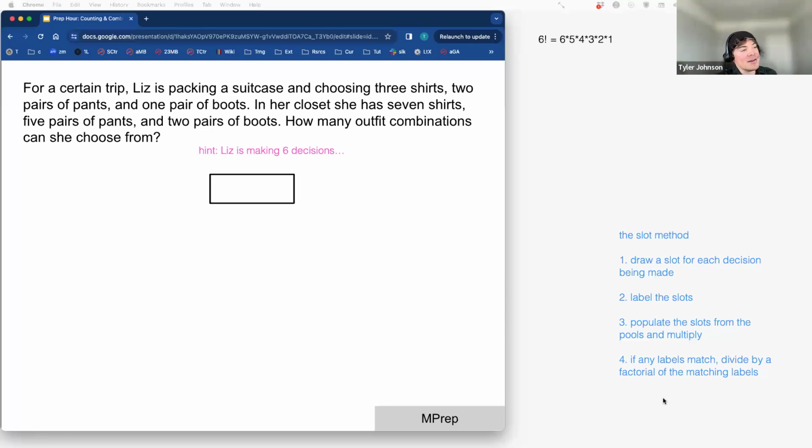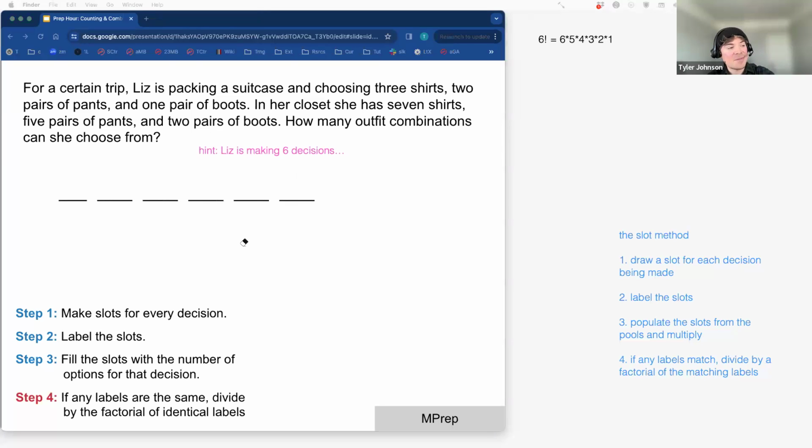So as I mentioned in the hint there, Liz is making 6 decisions. Specifically, she'll be selecting 3 shirts, 2 pants, and 1 pair of boots. But you have to keep in mind that each one of those decisions has a separate pool, because the shirts are coming from a pool of 7, and the pants are coming from a pool of 5, and the boots are coming from a pool of 2.